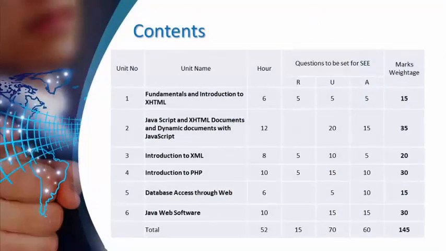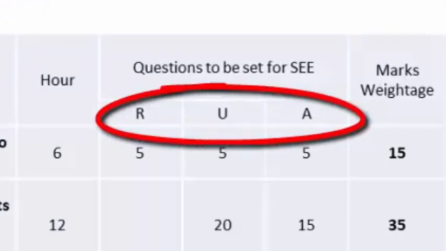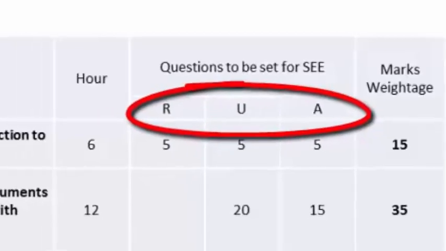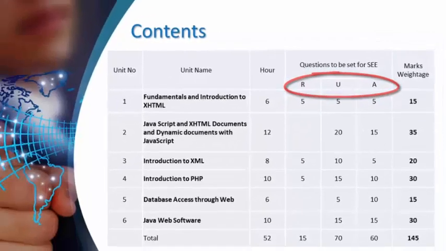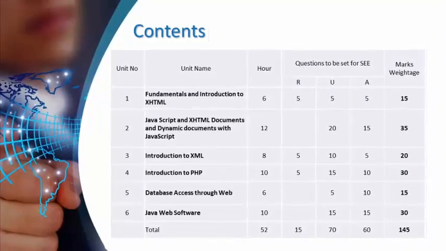Now, we'll have a glance over the details of the course content and the mark distribution. Before proceeding, I would like to give the idea of R, U and A that are shown here in the table. As per Bloom's taxonomy, a few action words are used while asking questions in CIE as well as SEE.